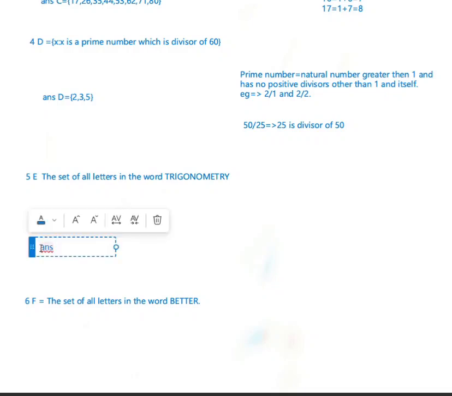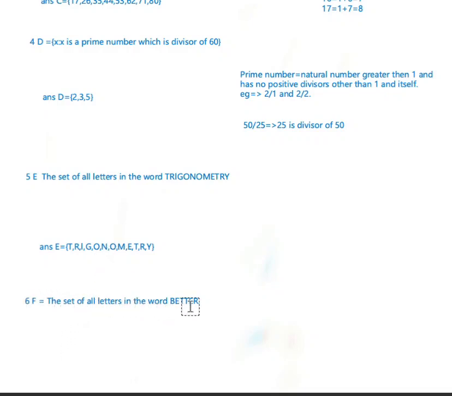So the 5th answer is T, R, I, G, O, N, O, M, E, T, R, Y. This is the roster form of trigonometry. We have to separate all the letters by commas.